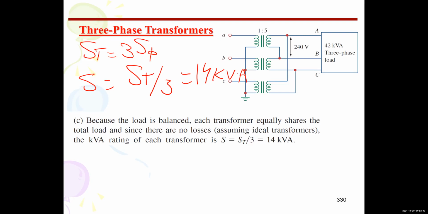Then after that we moved to 3-phase systems, balanced 3-phase systems or unbalanced 3-phase systems. We learned about Y-delta, delta-Y, delta-delta for the load and the source. Then we took all of that to the transformer.